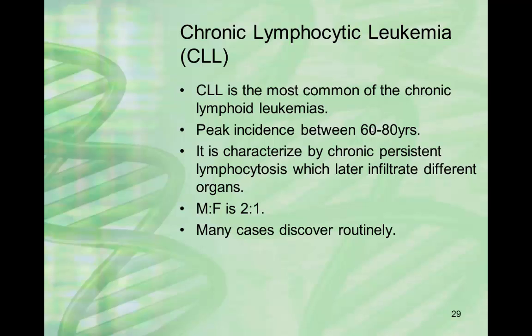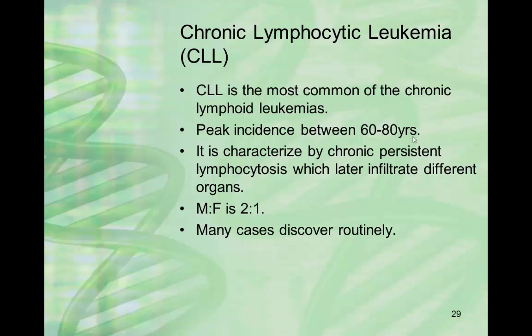CLL is chronic lymphocytic leukemia. It is basically the most common of the chronic leukemias in the Western world. It involves mature appearing defective neoplastic lymphocytes, almost always B cells, with an abnormally long lifespan. The peripheral blood smear, bone marrow, spleen, and lymph nodes are infiltrated.